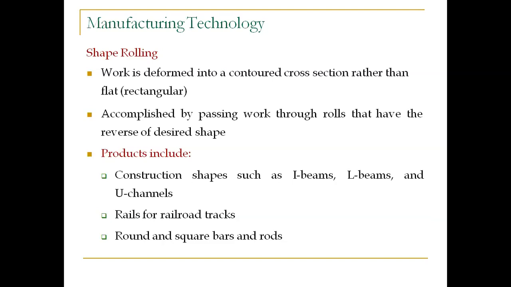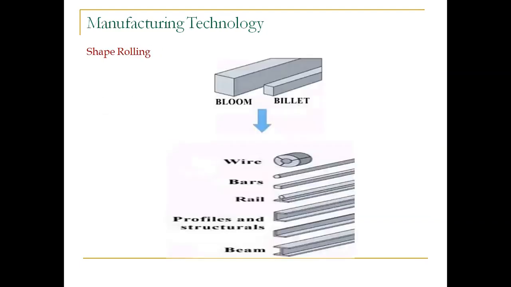So these are some cross sections which are used when we produce products like connecting rods and so on. Second one is rails for railroad track, and third one is round and square bars and rods. And these are the shape rolling.